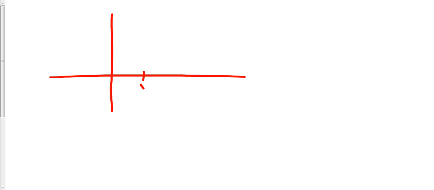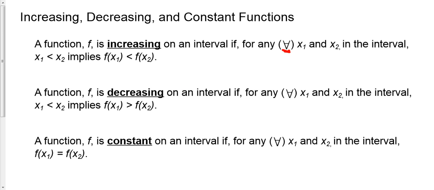And I got x1 and x2. That function is decreasing if f of x1 is greater than f of x2. It's easy to figure out if a function is decreasing on a graph, right? What's harder to do is understand this. And sometimes books are written this way, so you need to be able to apply the symbolism that we use in math, okay?